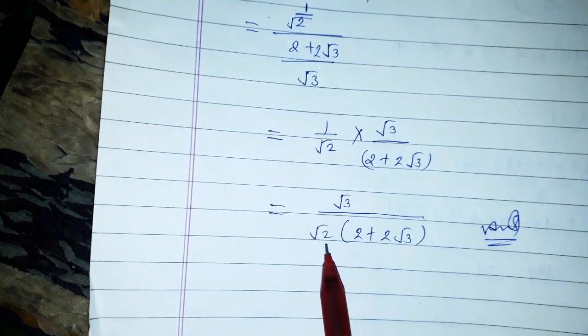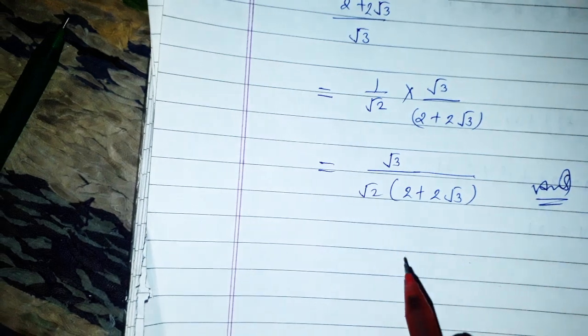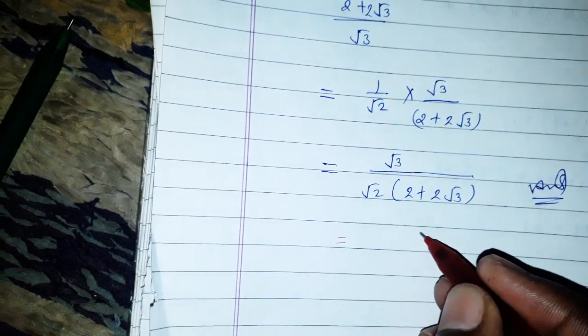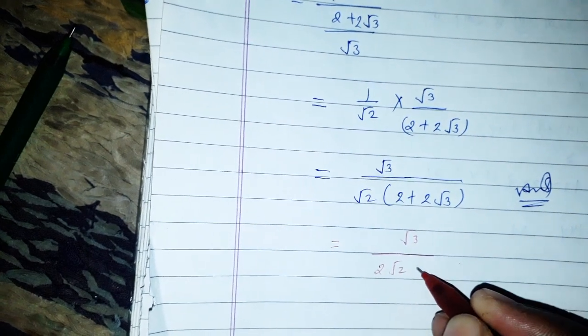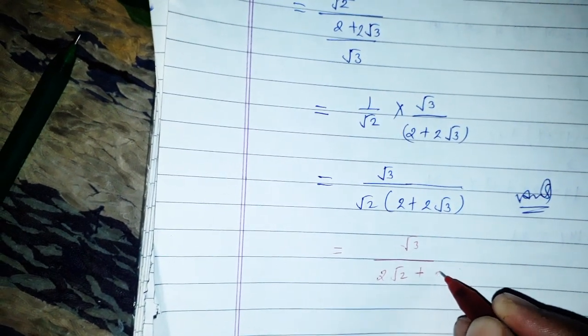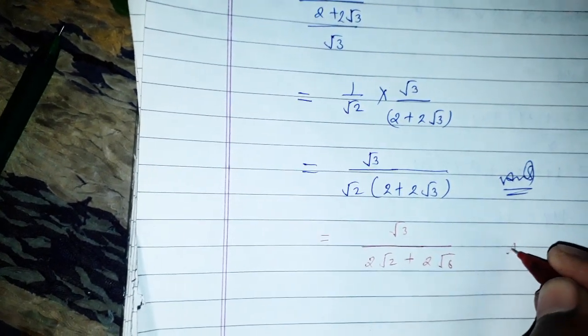So root 3 upon root 3, 2 bracket 2 plus 2 root 2. Also multiply the value: root 3 upon 2 root 2 plus 2 root 6, and here is the answer.